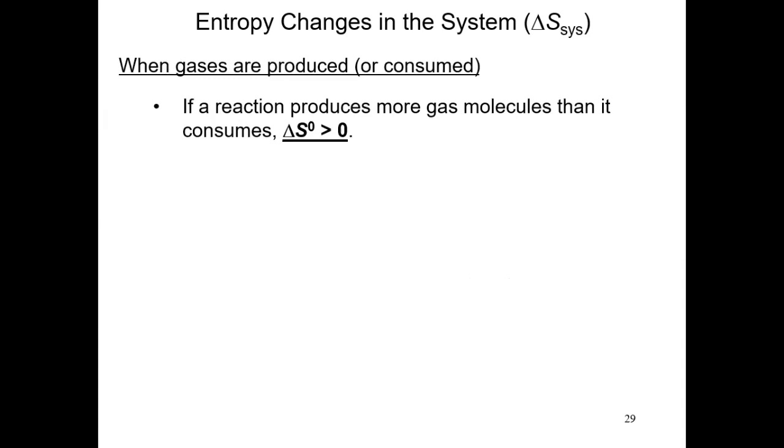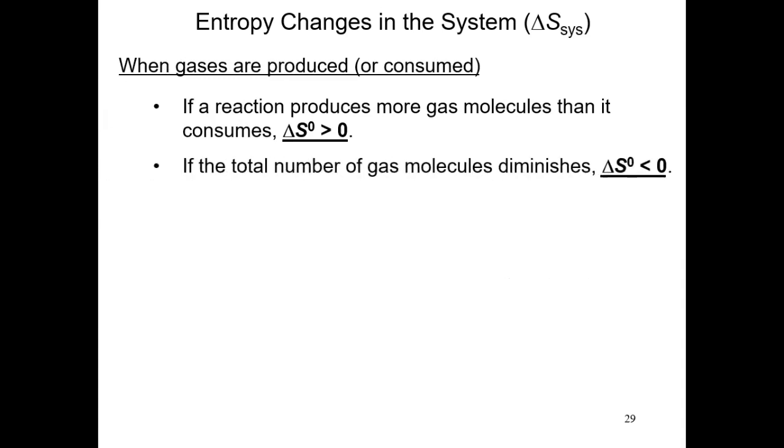Because of the high entropy of gases, if a reaction produces more gas molecules than it consumes, the entropy change for the reaction is going to be positive. If the total number of gas molecules diminishes, in other words, if the reaction consumes more gas molecules than it produces, the entropy change is going to be negative. Now, what if they're the same?